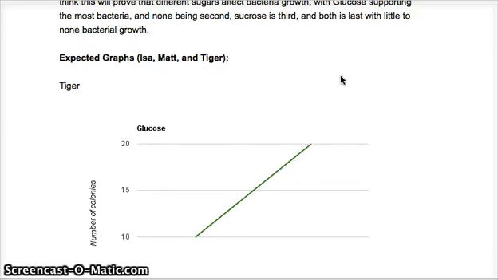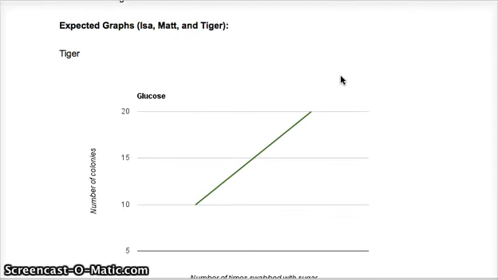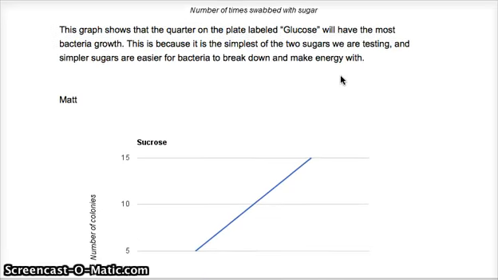And here's my expected graph. I did it for glucose, and we think that glucose will have the most bacteria colonies aside from our positive control, which is both sugars. We think it will have more bacteria colonies because it's easier to break down and for bacteria to grow off of. And then here's Matt's graph of sucrose.